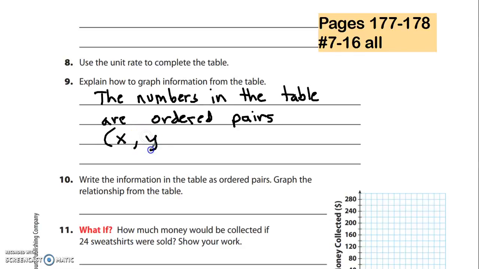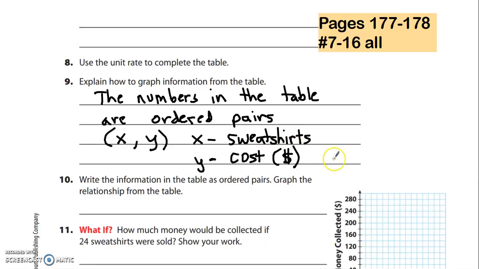And the second term is how far you go up on the y-axis. So what I would do on this is the x value would be the sweatshirts, and the y value would be the cost in dollars. Now, I realize that this was supposed to be a hints video, and number 9, I kind of gave you an answer there. If you wrote this answer for number 9, then you're in good shape.